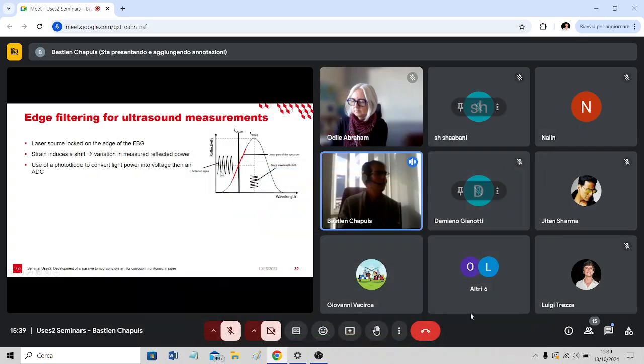So here you mean that your Bragg wavelength shift is here. What you measure is here. Is this reflected signal? So what you mean is that you need to improve the resolution when you capture this wave.